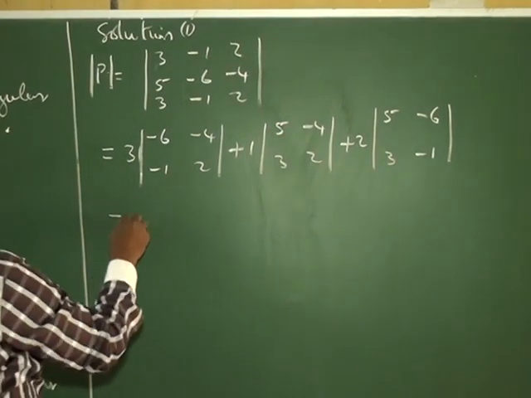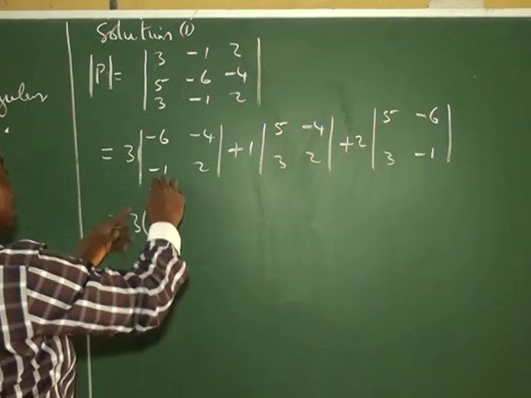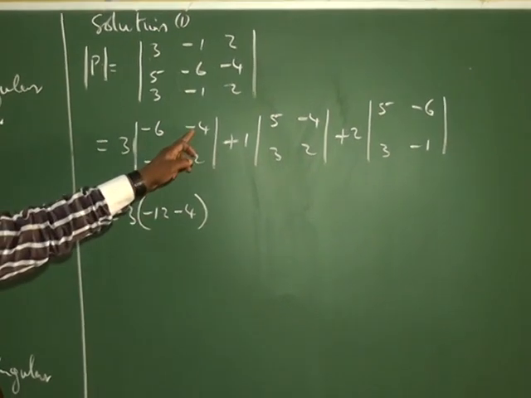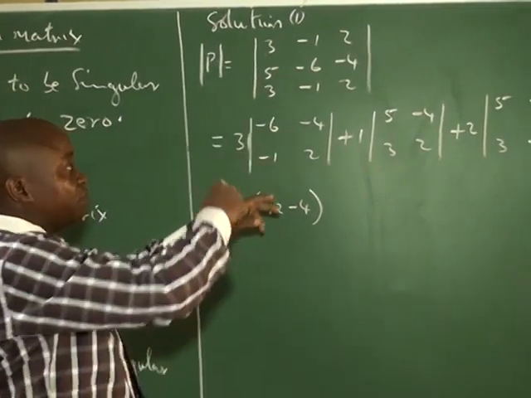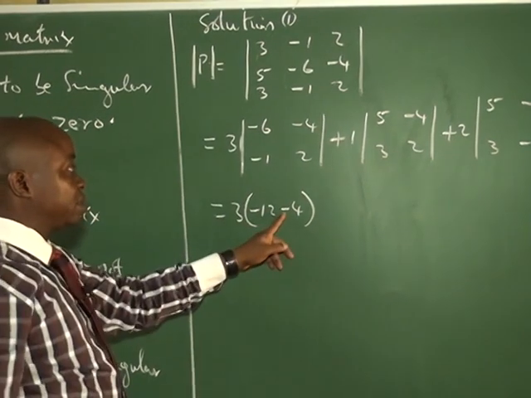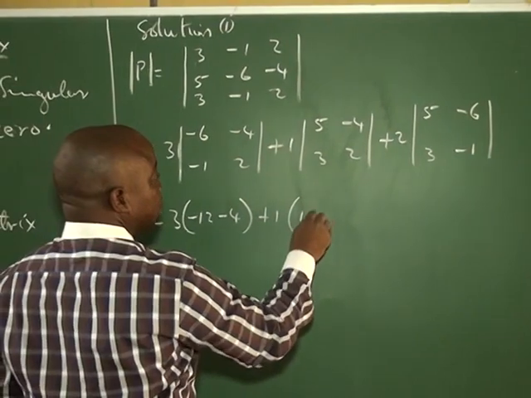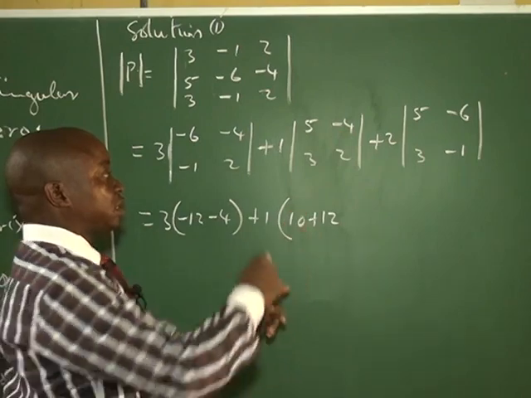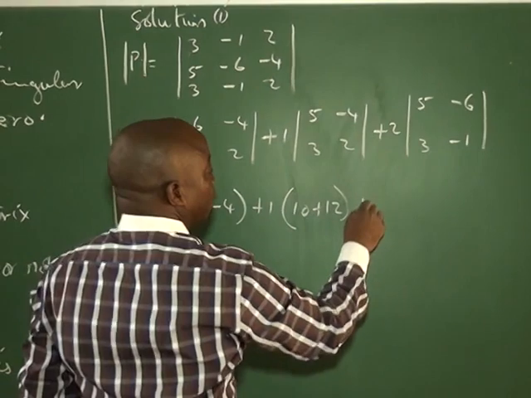So evaluating this, we have 3 times this, which gives us minus 12. If we go this way, we have minus 4, because minus 1 times minus 4 is plus 4. Then the minus alternates when we are taking these determinants of 2 by 2. The invisible minus there makes it minus, plus 1, 5 times 2 is 10 plus 12. That is 3 times 4. There is a negative invisibly when you are multiplying this way.